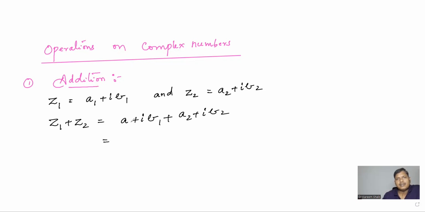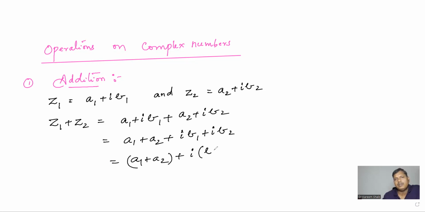We can rearrange the terms here: A1 plus A2 plus iota B1 plus iota B2. Observe here, A1 plus A2, if I am taking in one bracket, can I take common iota here? B1 plus B2. A1 plus A2, the sum of two real numbers, is also a real number.